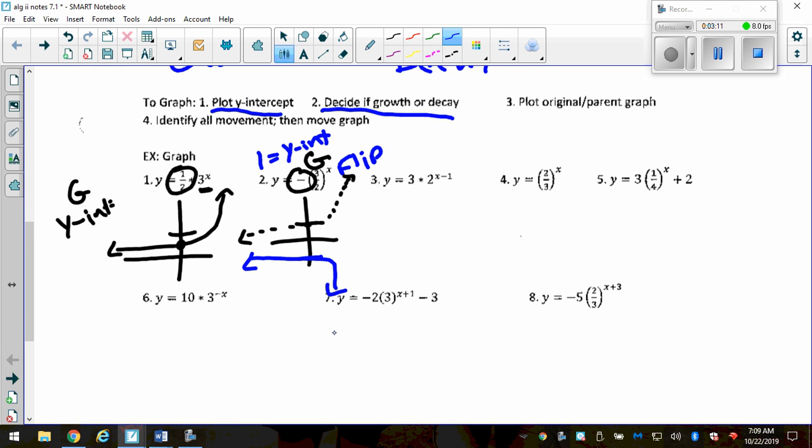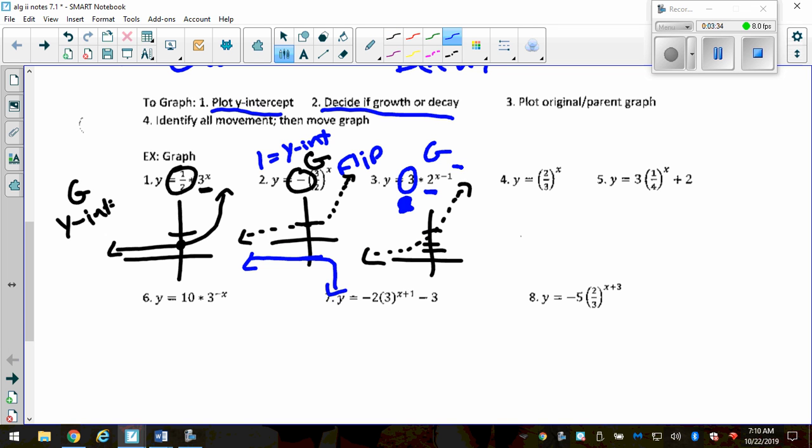So number 3, why don't you tell me if it's a growth or a decay? All right, very good. So that 2 tells me it's a growth. And I also asked about the y-intercept. It was a 3. So that's your y-intercept. So in the original with no movement, I get 1, 2, 3, make it look like a growth.